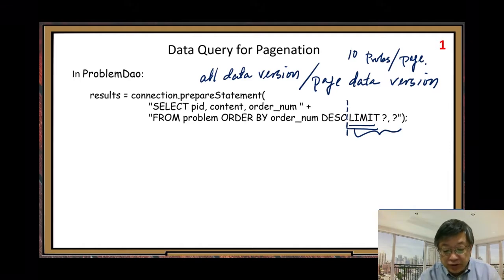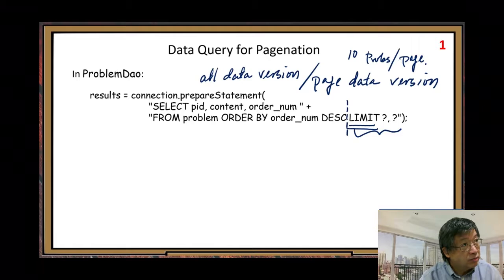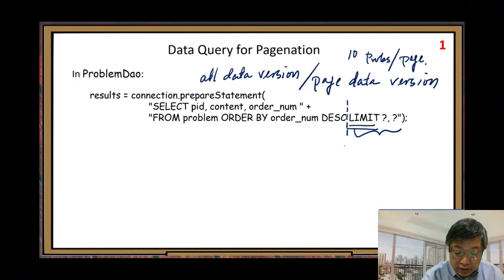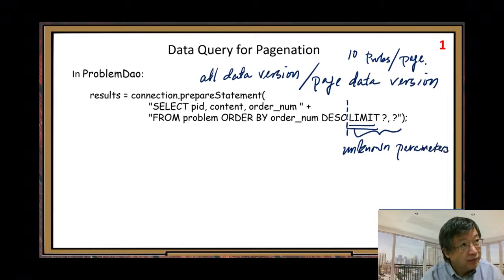Second, you also notice two question marks. We call them in parameters, here unknown parameters, determined at runtime, entered by the user.